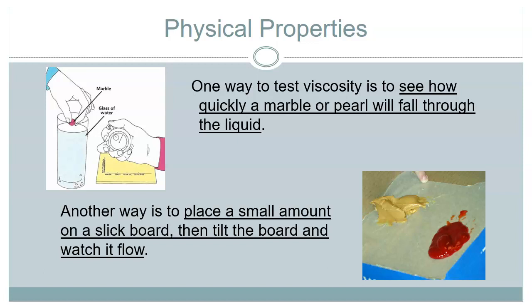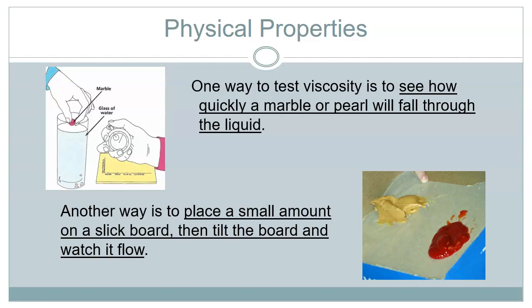We could drop something into that clear substance to see how quickly it falls to the bottom. If it falls all the way to the bottom very quickly, perhaps it's water or some other clear liquid that has a low viscosity.